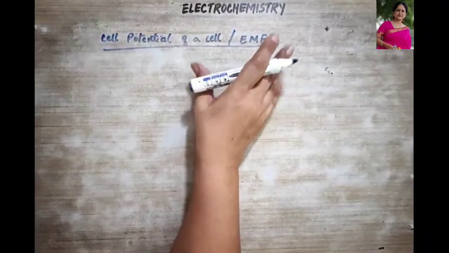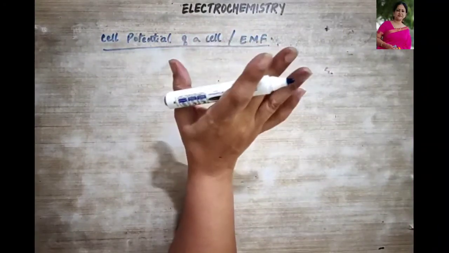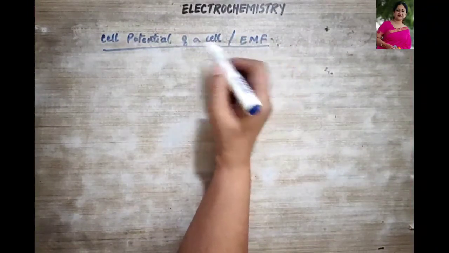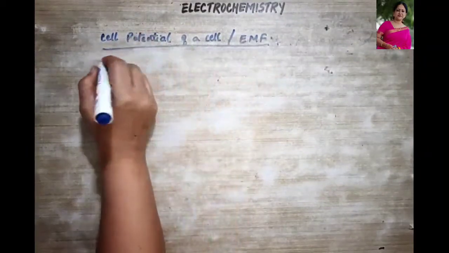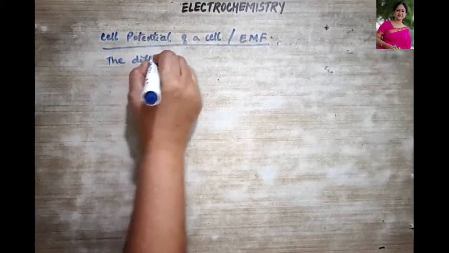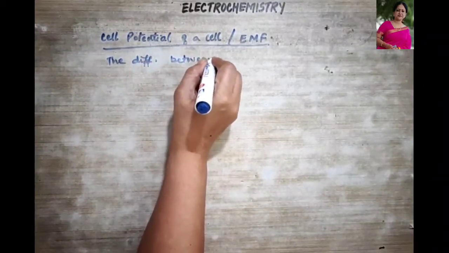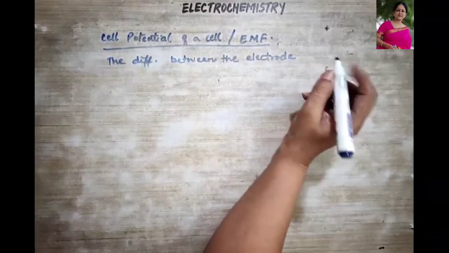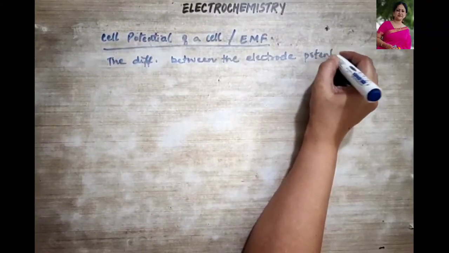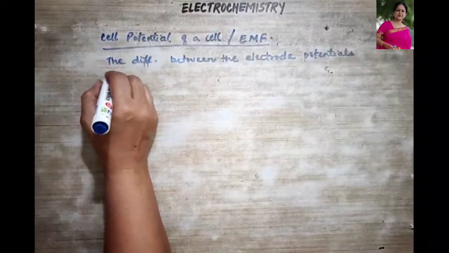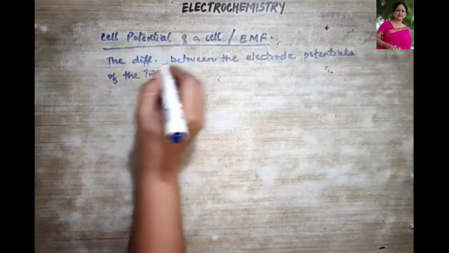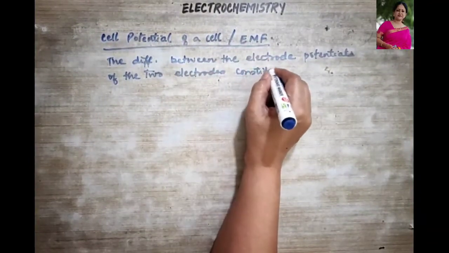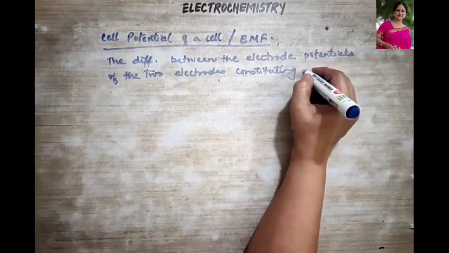So the difference between the electrode potentials of the two electrodes constituting an electrochemical cell is known as the EMF or the cell potential of a cell, right?